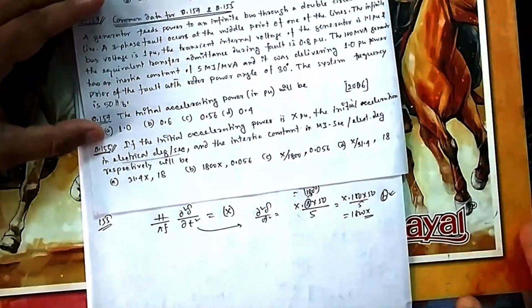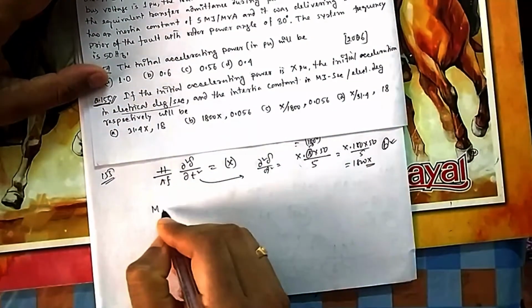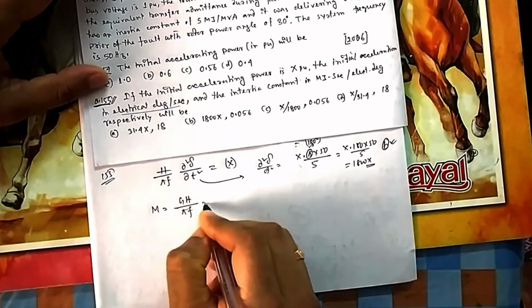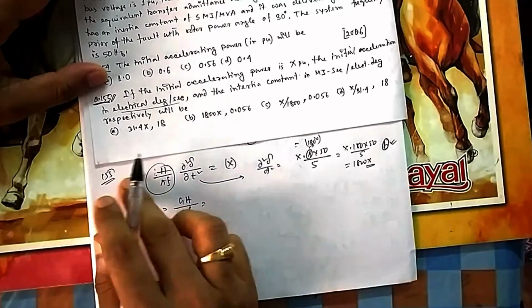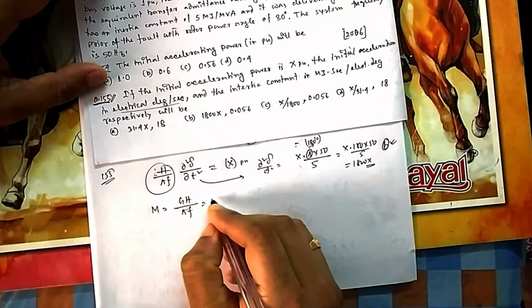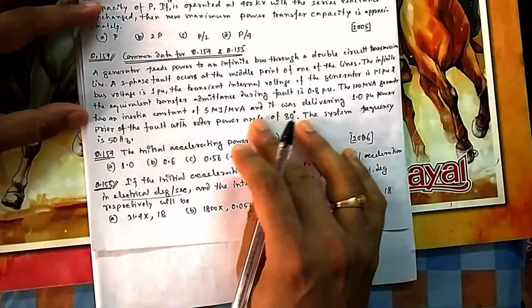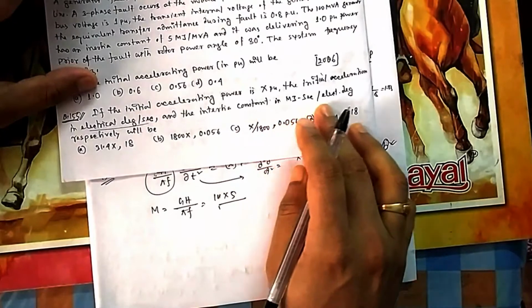Let me calculate the second part also, inertia constant. This is your inertia constant M, which is equal to GH by pi F. Why have you not included that G here? Because you are writing it in per unit, so you divide both sides by GH. So G is here 100 and this is 5. 100 MVA, it is 5 divided by, again in megajoule per electrical degree.